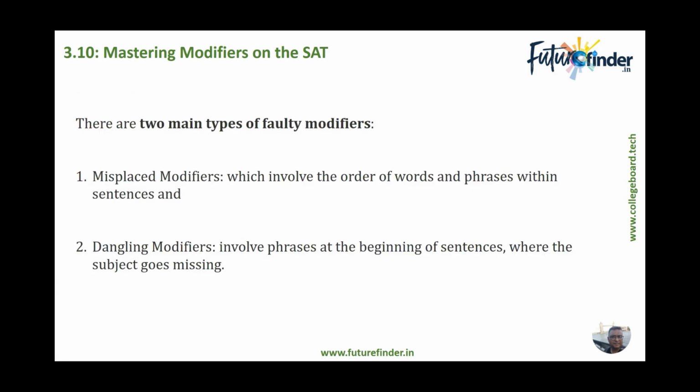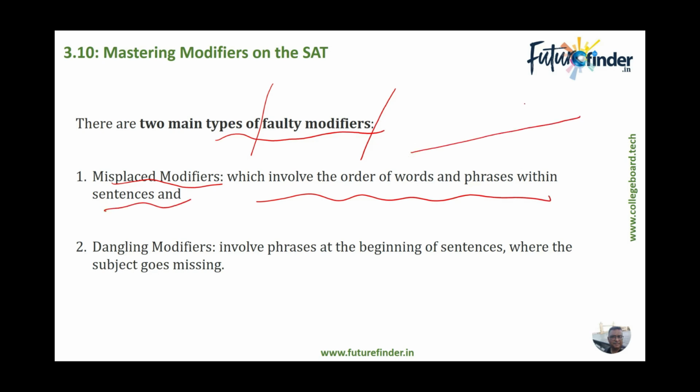So let's look at some faults or defects that the SAT checks you for when it comes to modifiers. Let's look at two basic faults of modifiers. The first one is the misplaced modifier, which involves the order of the words and phrases within the sentence. There is a sentence and there is a part of the sentence which is the modifier, which is misplaced, right?